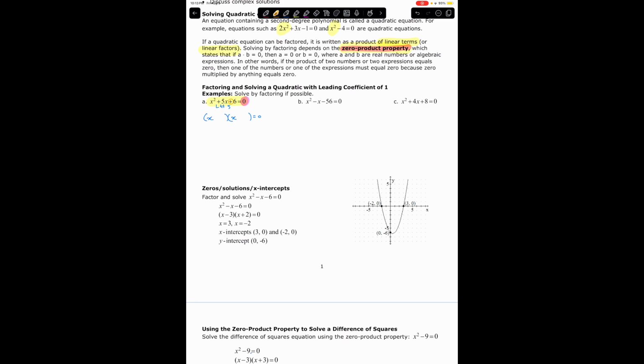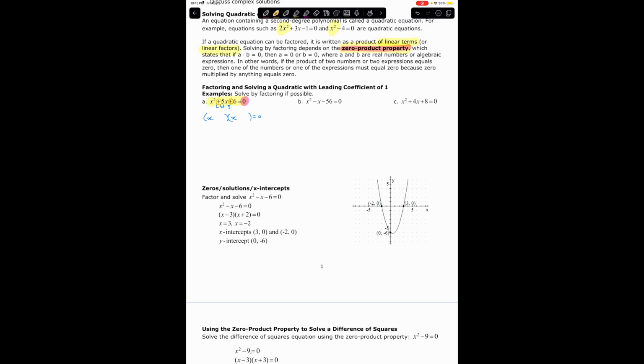In this case, both are positive because the middle sign is positive. Their product is C, which is positive 6, and they add up to the middle term, positive 5.